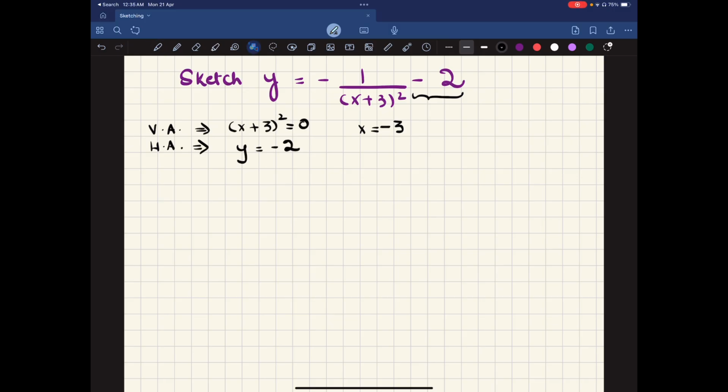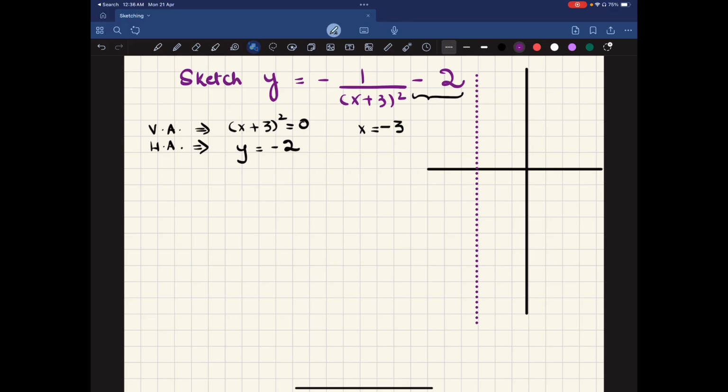Okay, let's draw whatever we know up till now. Okay, so we have a vertical asymptote at x equals negative 3, and a horizontal asymptote at y equals negative 2. So somewhere here. Okay, so these are our asymptotes, negative 3, negative 2.